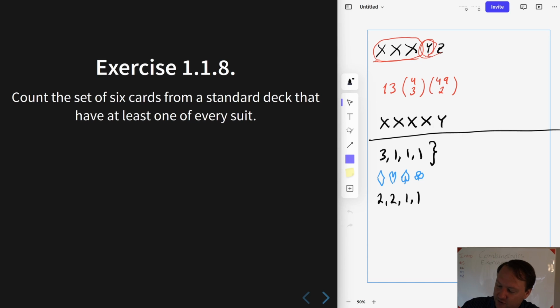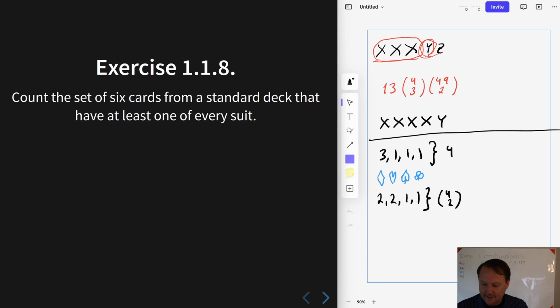Well, basically, there are just 4 choices for which suit gets the 3. And in this one, how many ways are there to rearrange which suit gets the 2 cards and so on? Well, I need to take the 4 and choose 2 of them to be 2s. So 4 choose 2 rearrangements of that.